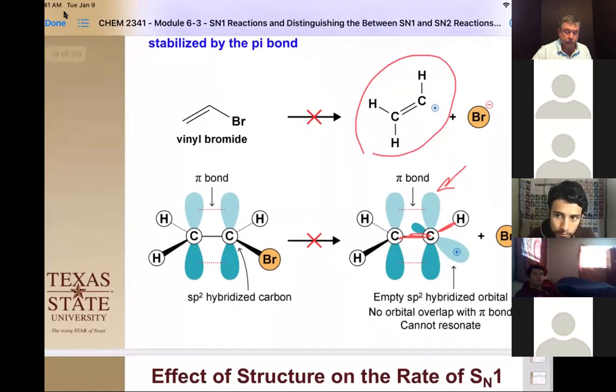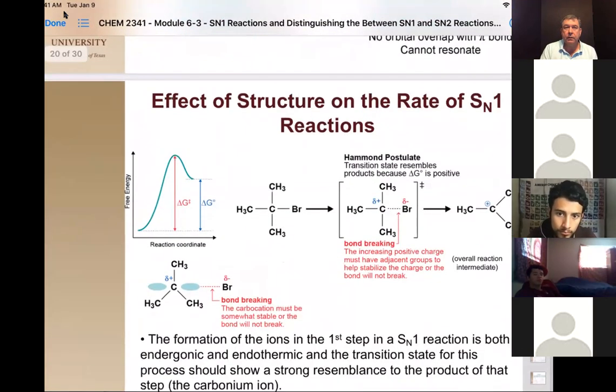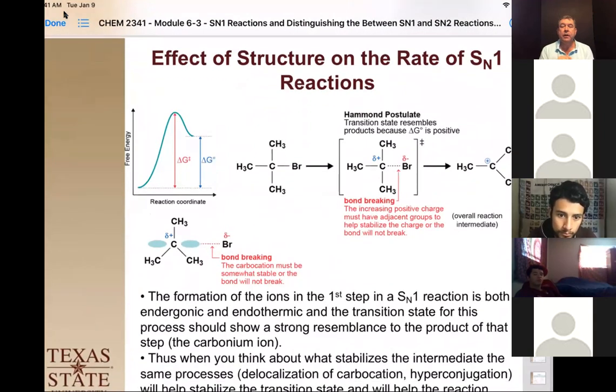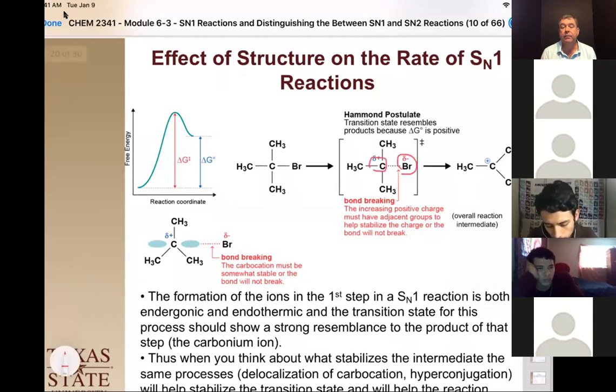Okay, so if the number of substituents on that carbocation affects the rate, why? It has everything to do with the idea that the Hammond postulate suggests that the closer the transition state is to the products, the easier it is to get there. In this case, our transition state happens to be the breaking of a bond, giving us a partially positive carbon and a partially negative leaving group.